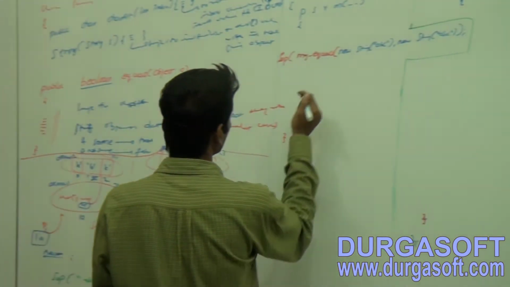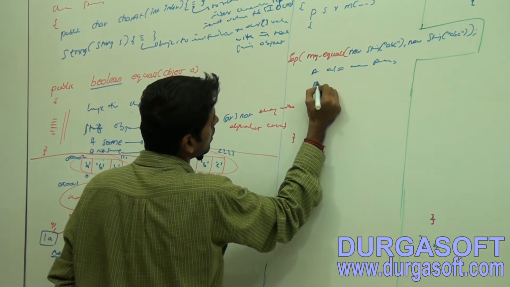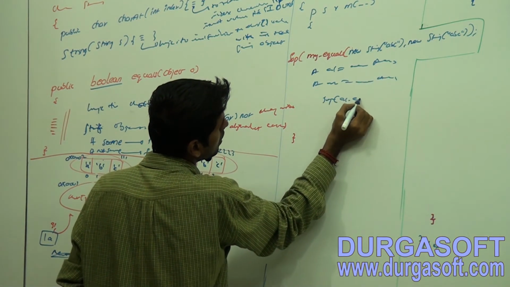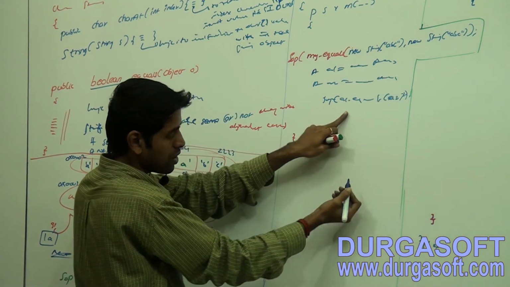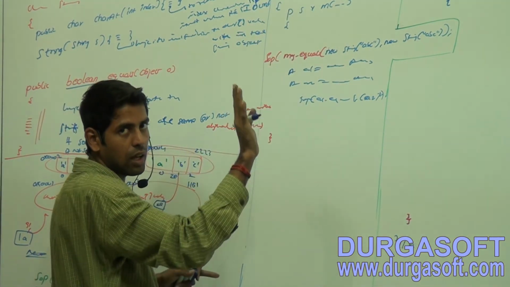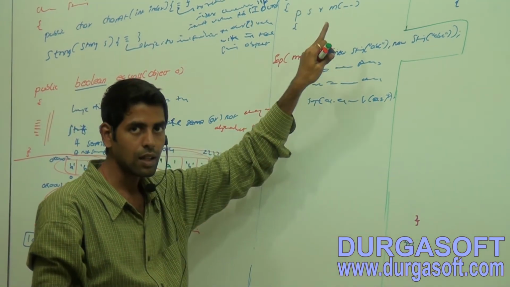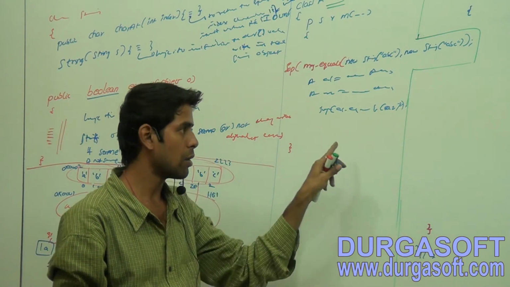That's why I have taken it here. Observe here: a1 equals new A, a2 equals new A constructor, System.out.println of a1.equals(a2). Now which equals method does this class get? The object class equals method. I have proved this one.